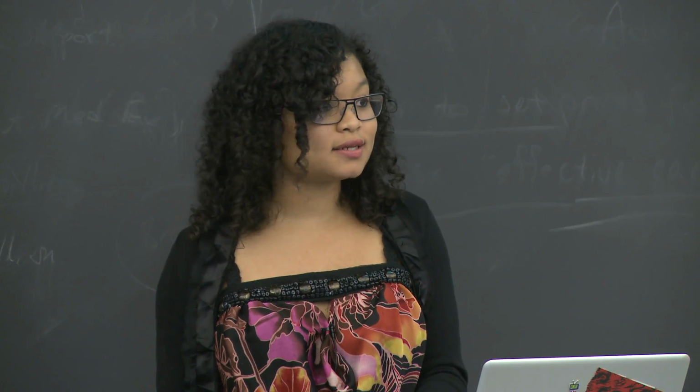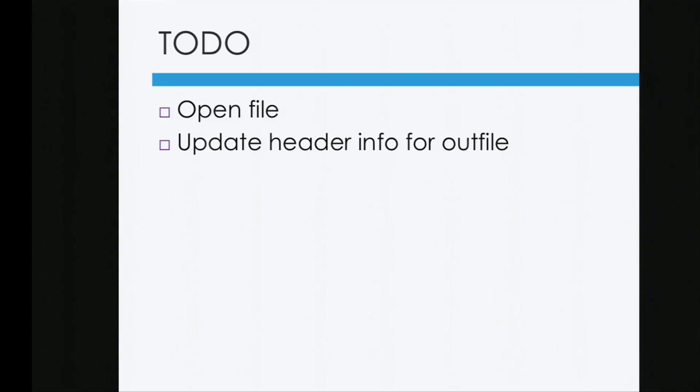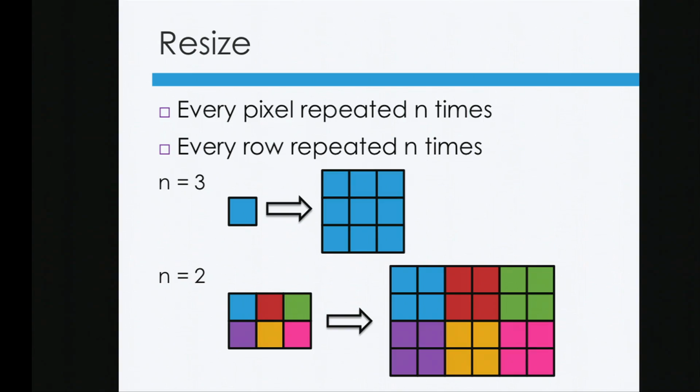Okay, so if we were to detail the pseudocode for this, we want to open the file, and then, if we go back here, we see that the width for the out file is going to be different than the width for the in file, right? So what does that mean? Well, that means that our header information is going to change.